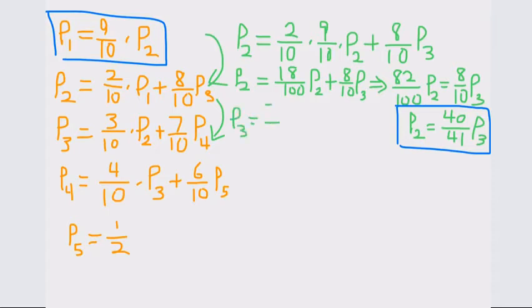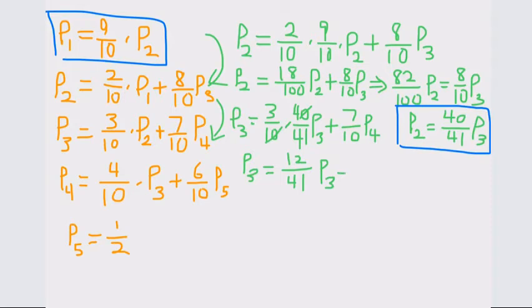p3 equals 3/10 times p2, which is 40 over 41 p3, we just found that, plus 7/10 p4. So this 10 will cancel out, which makes things a little easier for us. This is going to be 12 over 41 p3 plus 7/10 p4. We can subtract 12 over 41 p3 from both sides.